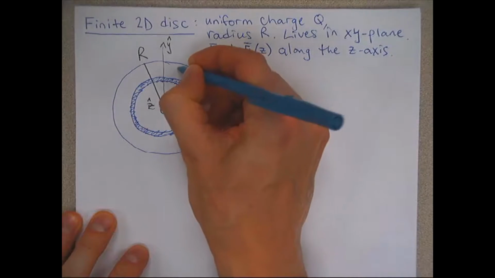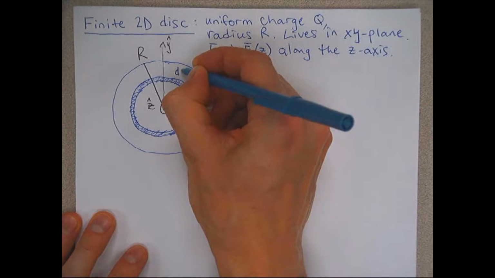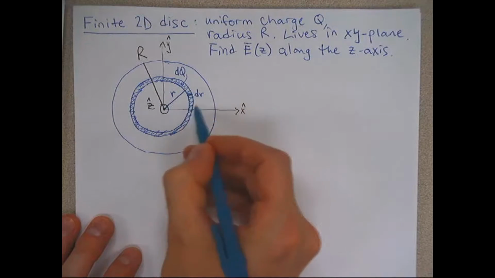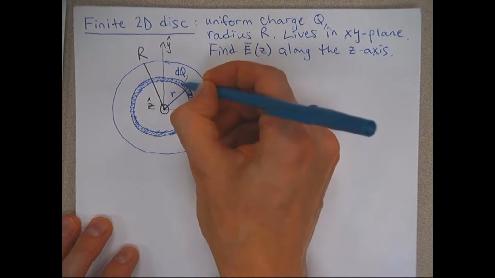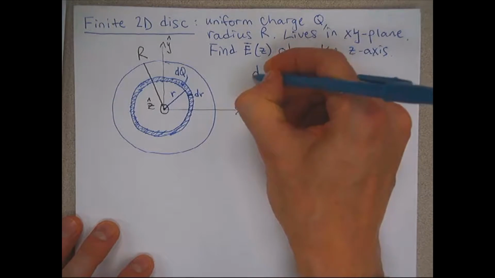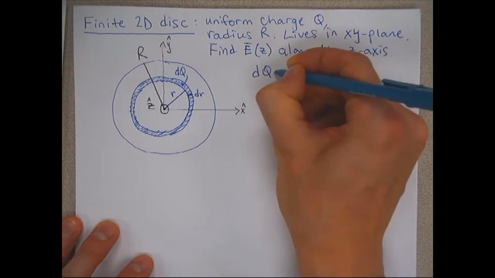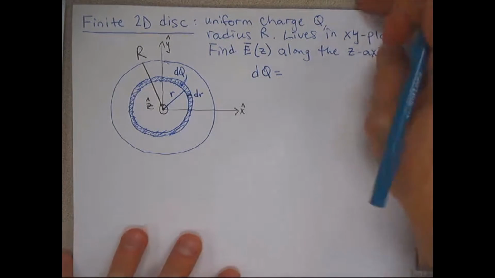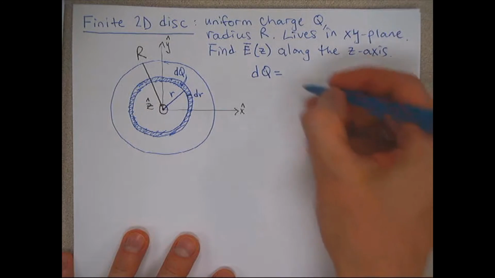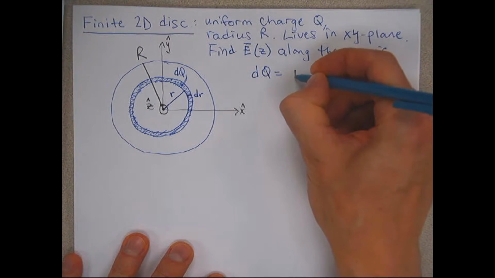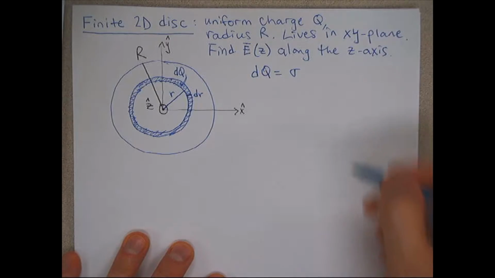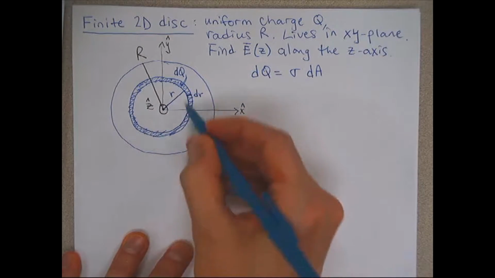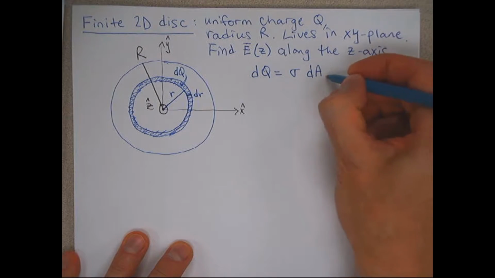So how much charge is sitting on this infinitesimally thin ring? We'll call that amount of charge dq. When we're working with two-dimensional areas, dq will be the charge per unit area, we call this sigma, times the area of the ring, dA.